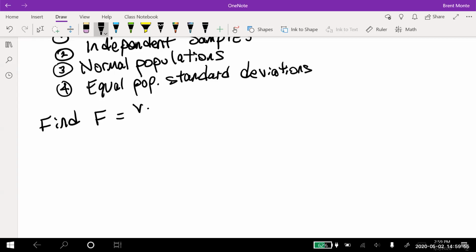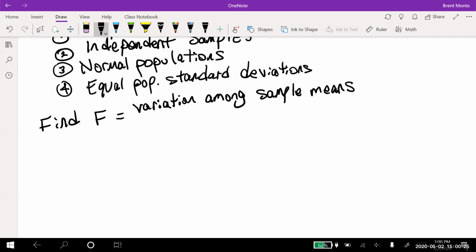It's the variation among the sample means. Because remember, what we're trying to do is we're testing to see if the population means are equal or if there's a difference. Well, so we start off looking at the variation among the sample means. If they're very close together, it leads us to believe that the population means are probably very close together.